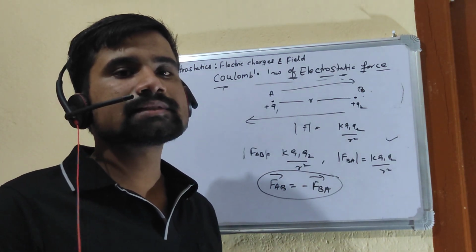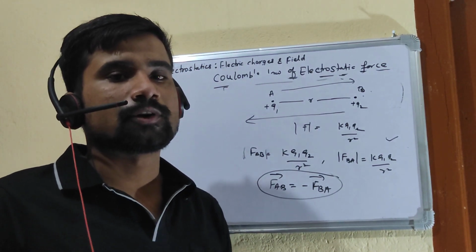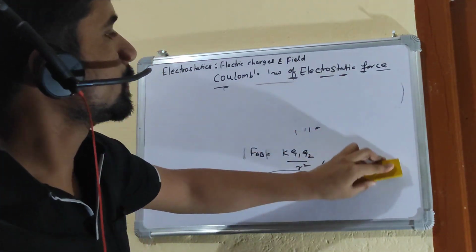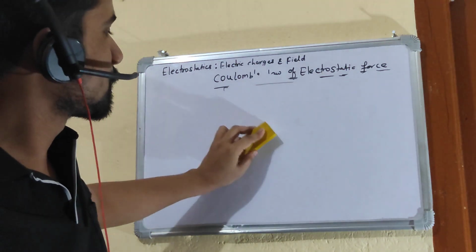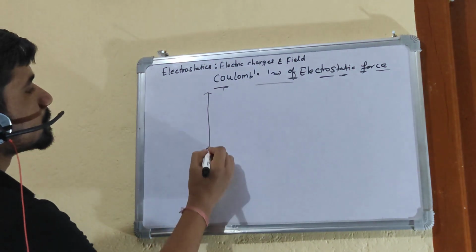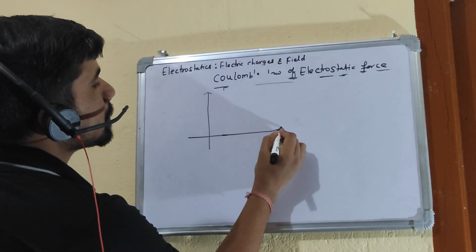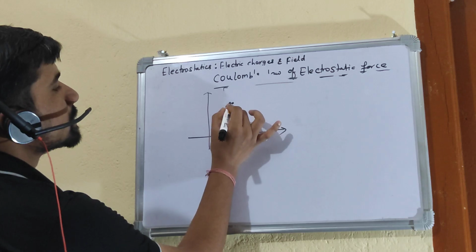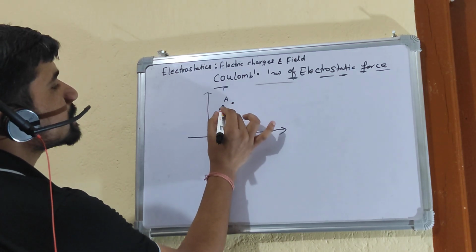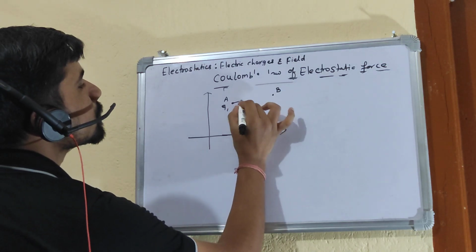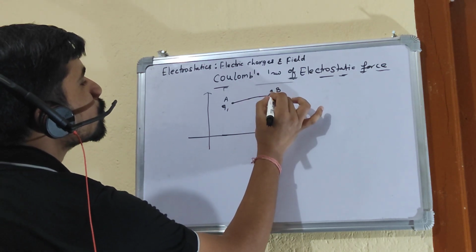Now let's generalize Coulomb's expression in vector form. Let's say this is a 2D plane. I'm just concerned about a 2D plane as of now. There are two points. A has a charge q1, and point B has a charge q2.